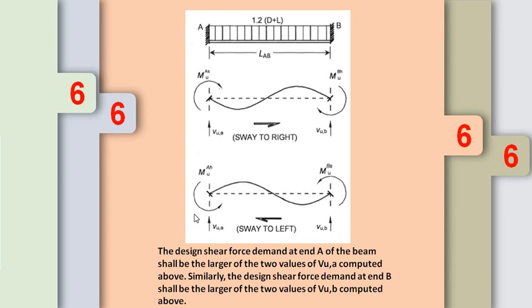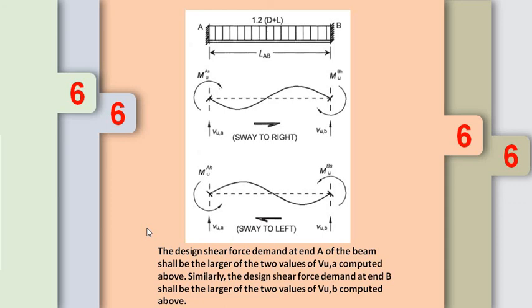The partial safety factor for dead load and live load is 1.2, and the beam shall be considered to be simply supported for the estimation. You can see this figure. This is for the sway to right, and this is for the sway to left. The design shear force demand at end A of the beam shall be larger of the two values of Vu,A computed above.